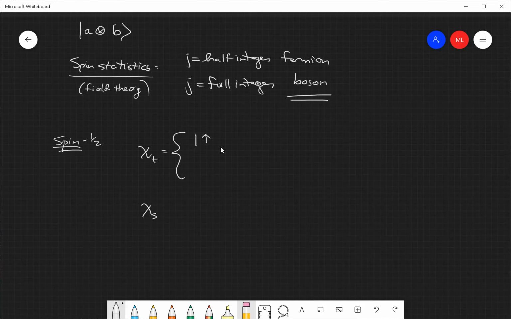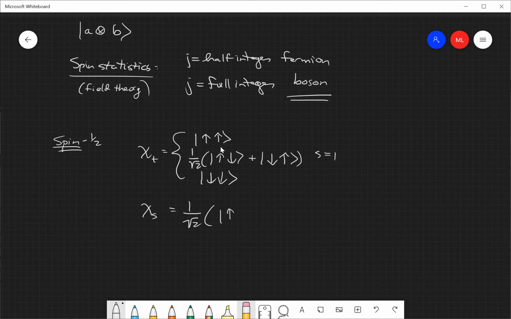The triplet is total spin 1, and the associated states are as follows. When I don't put labels, I just mean the first particle is an up spin and the second one is down spin. And then there's a spin singlet state, which breaks up like this.